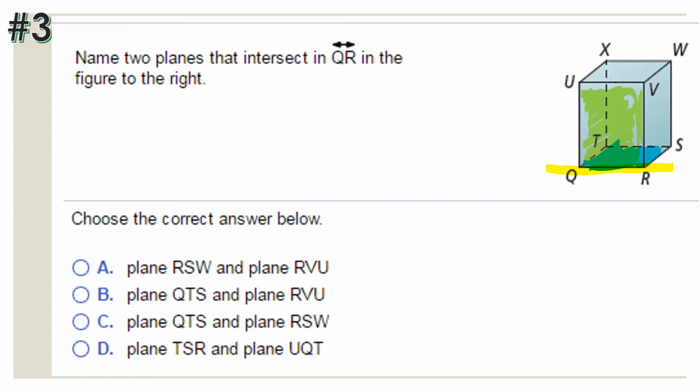So the two planes would be plane RSW and plane RVU, that one wouldn't work. Plane QTS and plane RVU would work. B is your answer there.